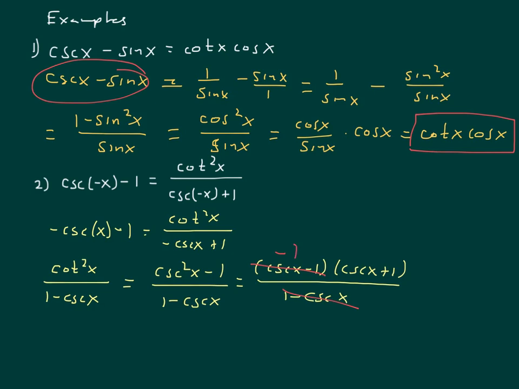And so this is going to equal negative 1 times the cosecant of x plus 1. When I distribute the negative 1, I get negative cosecant x minus 1, which is what we have on the other side.